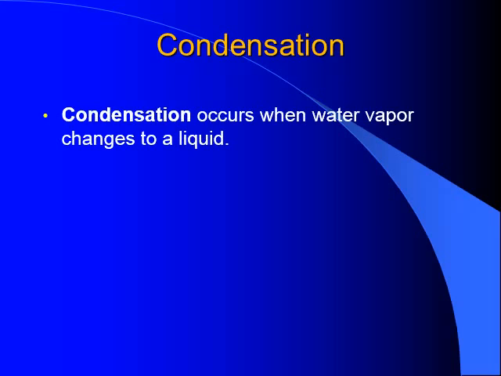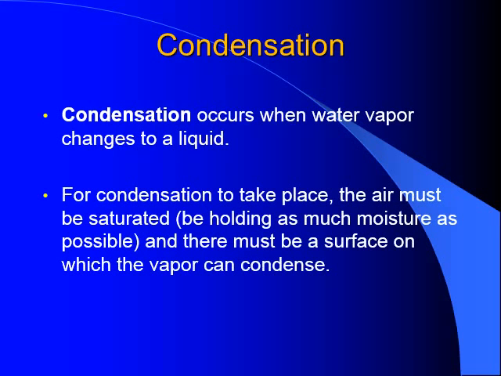So condensation. Condensation occurs when water vapor changes into a liquid. If you remember from the phase changes we learned about in chemistry, there was solid, liquid, and gas. Condensation is when a gas turns back into a liquid.